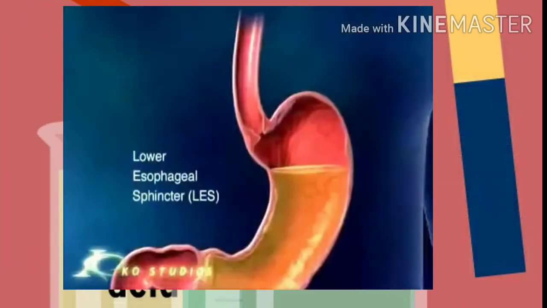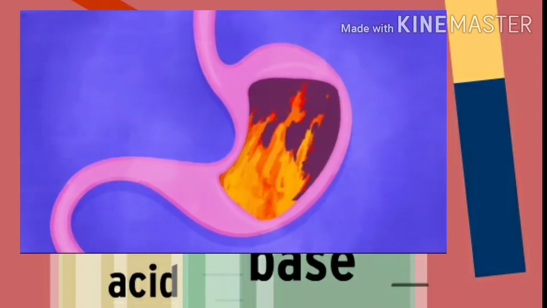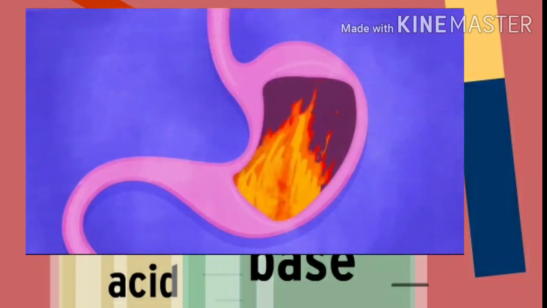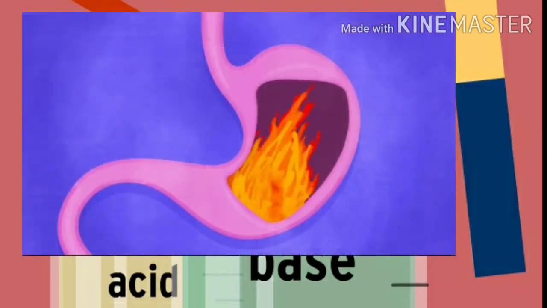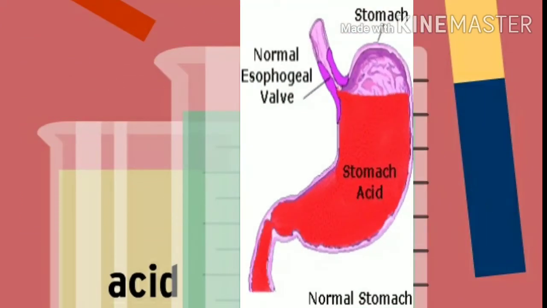We all know that hydrochloric acid is present in our stomach and it helps in the digestion of food. It provides an acidic medium to the stomach. But excess acid may get secreted due to tension or worry or overeating or eating spicy food. This can lead to acidity due to excess acid.